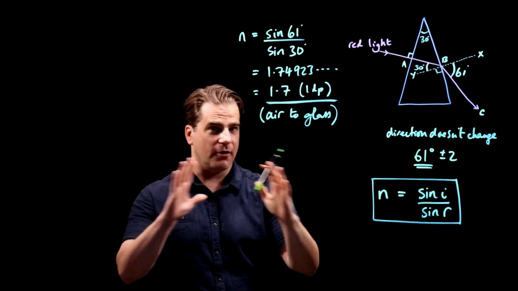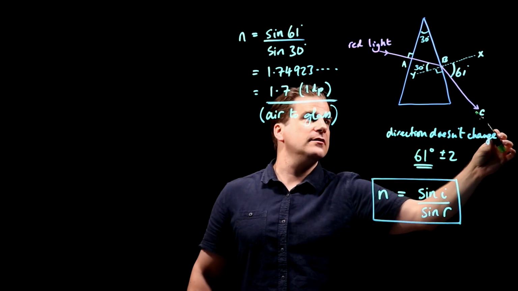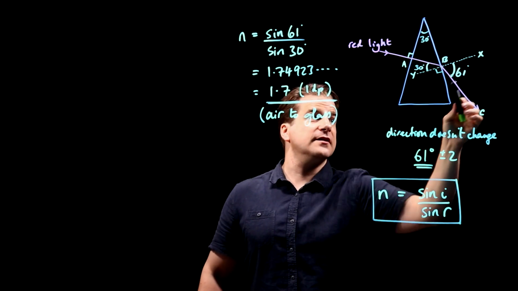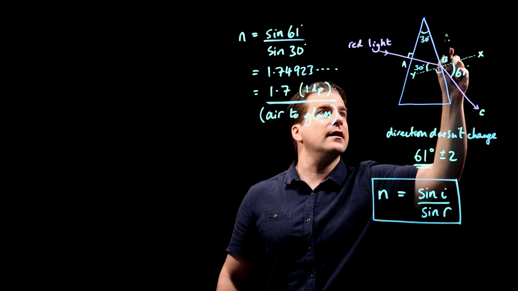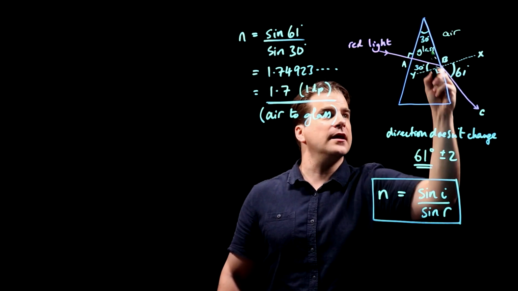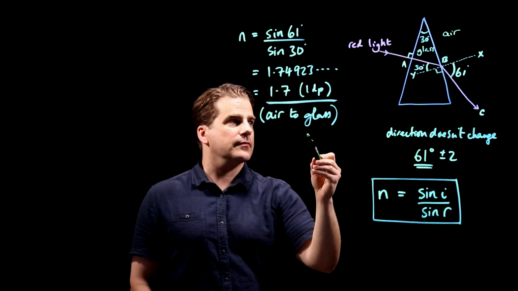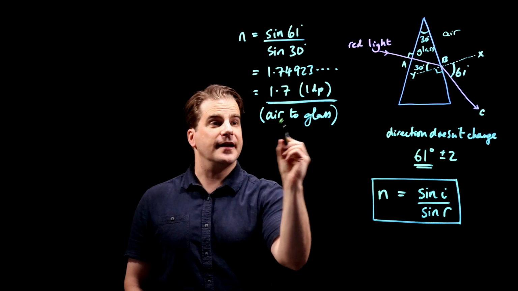And like I said, I'll go over that bit again. If the direction of this ray were in this direction, then at B you would be going from air to glass. Here, okay? So state that, okay?